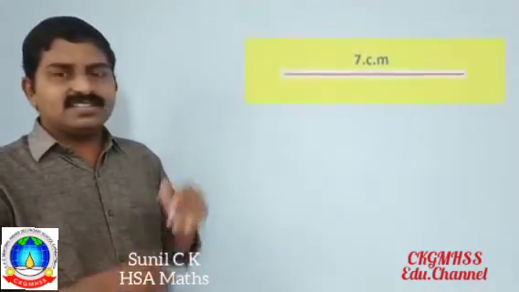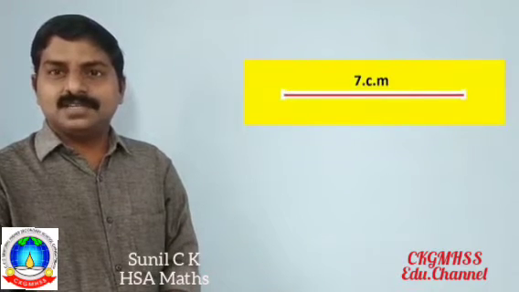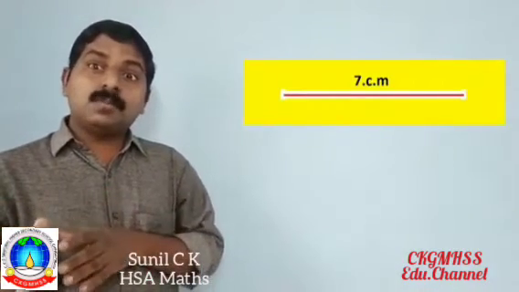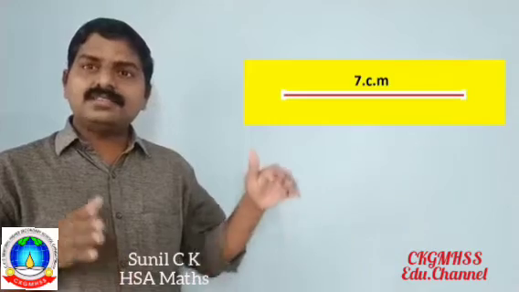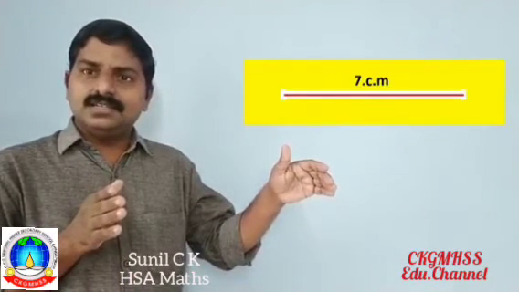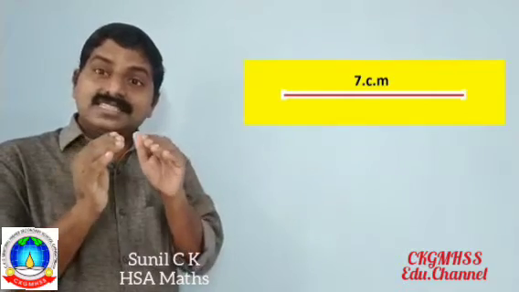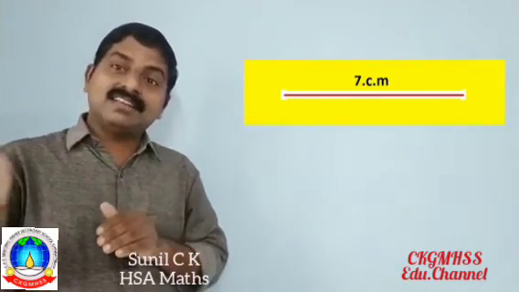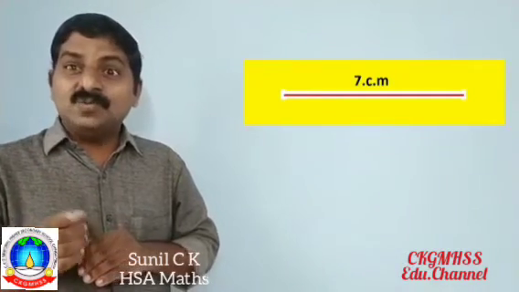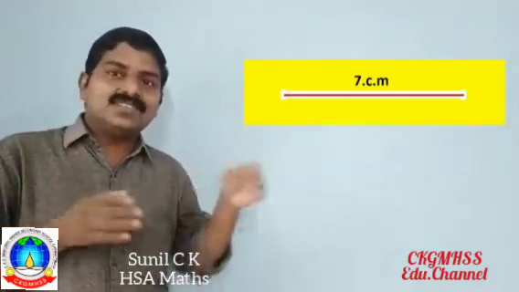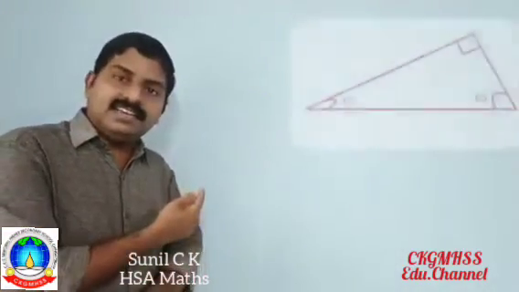If you first draw a line of length 7 centimeters, since the hypotenuse is opposite to the right angle, the two angles at the ends of this line should be less than 90 degrees. We know that in a right angled triangle, the sum of the smaller angles is equal to 90 degrees. So we can take the two angles at the ends of this line as 30 degrees and 60 degrees.